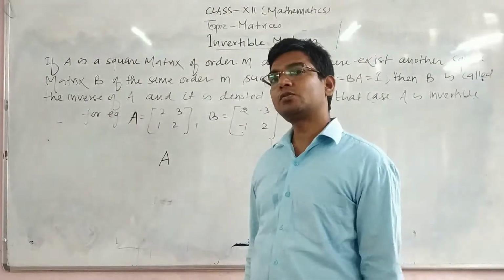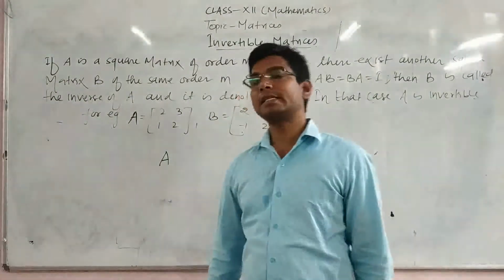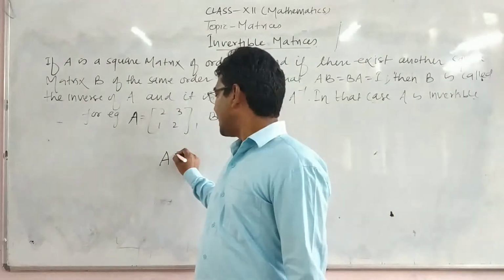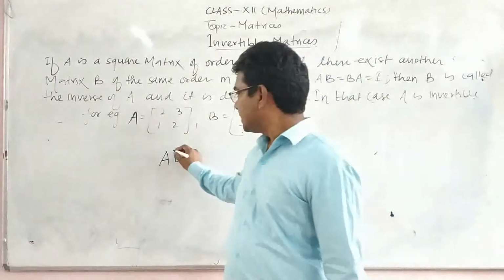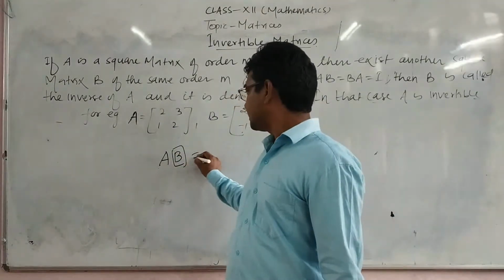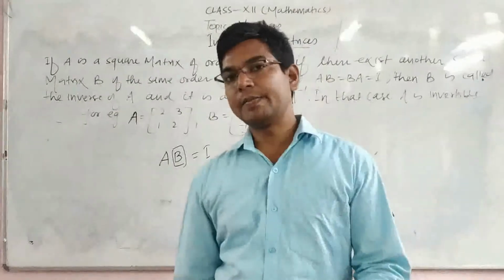A matrix A, that is a square matrix, is said to be an invertible matrix if there exists another matrix of the same order so that the output becomes an identity matrix.